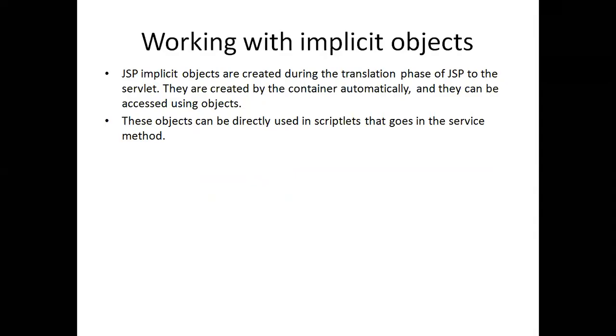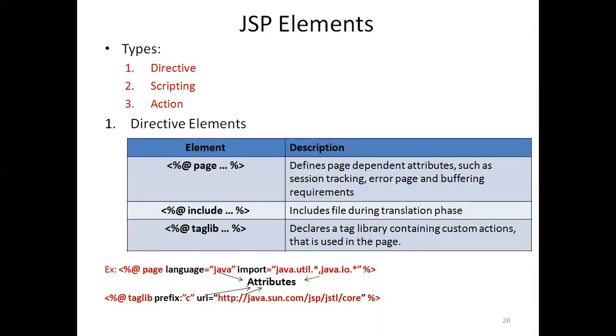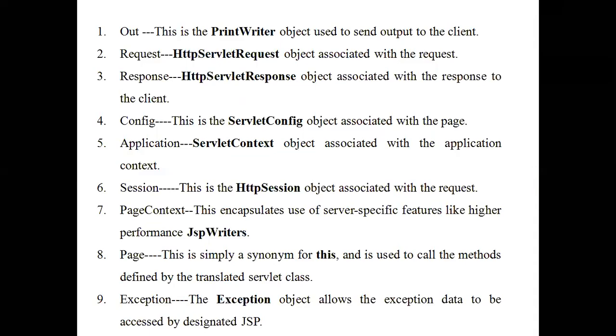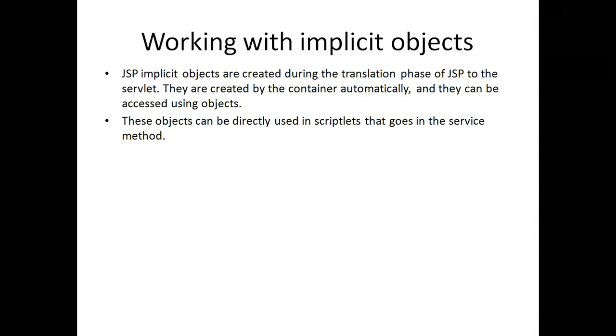Now let me quickly tell you a simple program, before we get further into how to deal with it. In your JSPs, it's very important to understand that we have something called implicit objects.